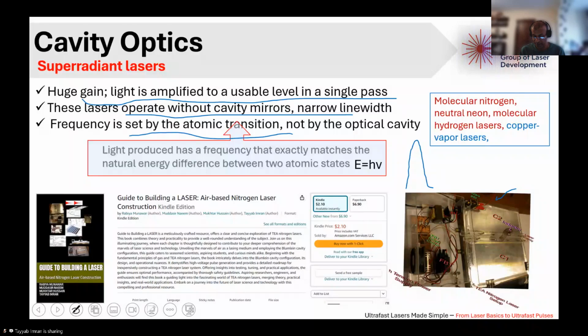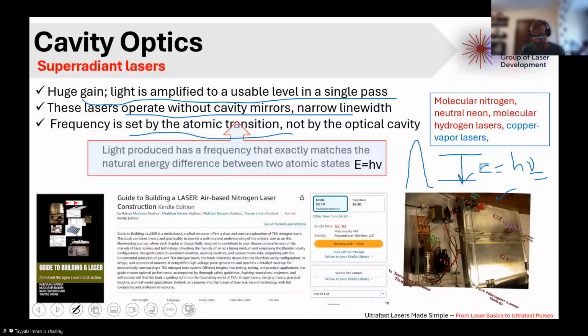So what is the atomic transition? From this level to this level. E is equal to h nu. So this frequency will be decided according to the energy level difference, and this frequency can be converted to the wavelength.